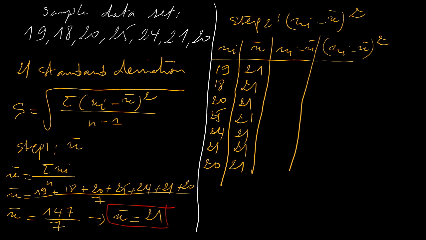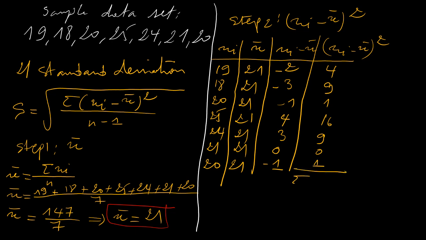So here xi minus x bar: 19 minus 21 is negative 2, 18 minus 21 is negative 3, 20 minus 21 is negative 1, and so on and so forth. We have 4, we have 3, we have here 0, and here we have minus 1. So negative 2 squared is 4, negative 3 squared is 9, 1, 16, 9, 0, and finally 1.